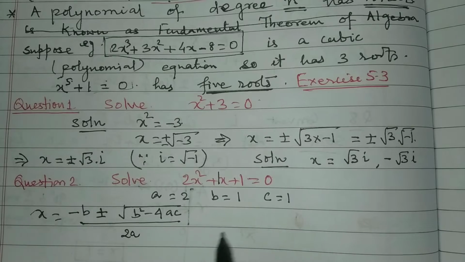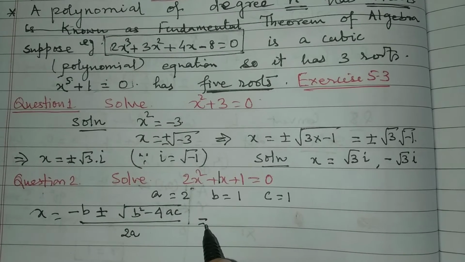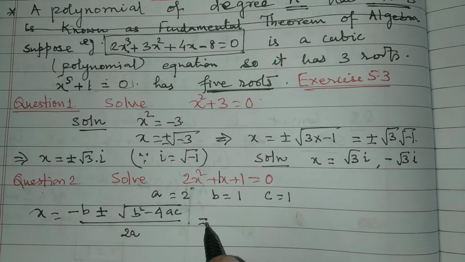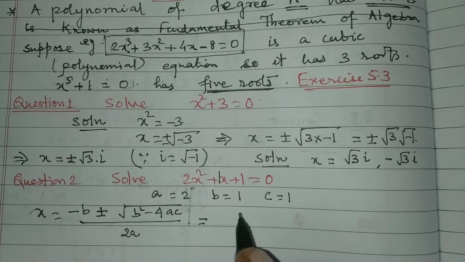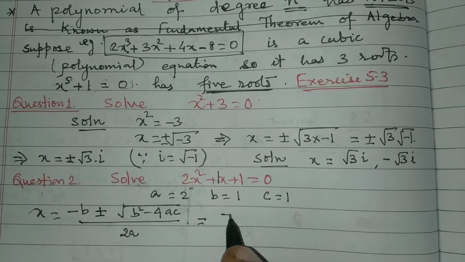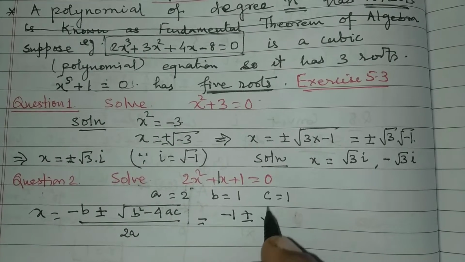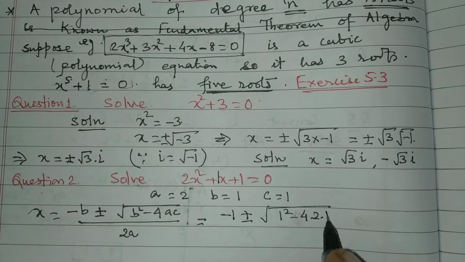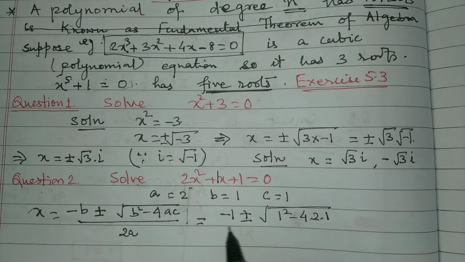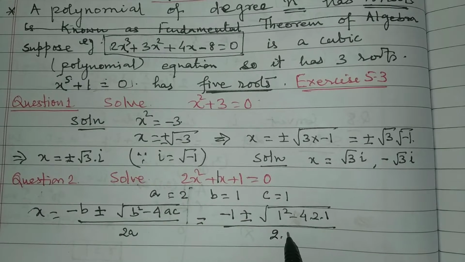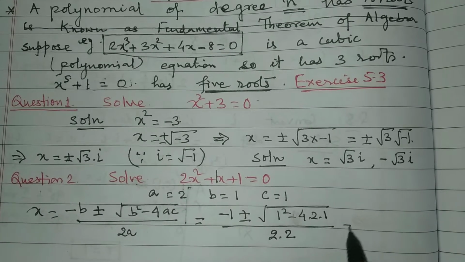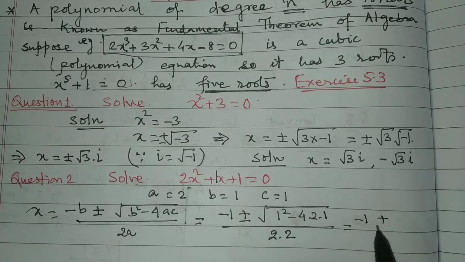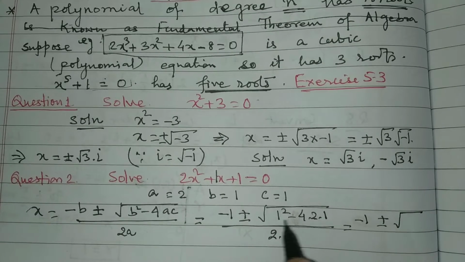This is the formula given by Sridharacharya by the completing the square method. So minus 1 plus minus root under 1 square minus 4 into 2 into 1, and divided by 2a, where a is equal to 2. So minus 1 plus minus root under 1 minus 8.